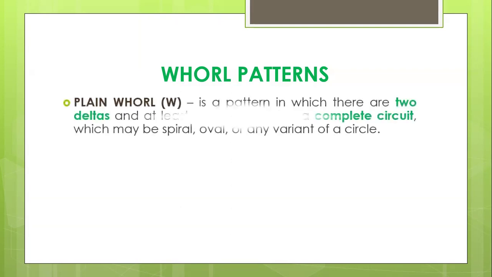A whorl pattern is a pattern which has 2 deltas and at least a ridge that makes a complete circuit. This circuit might be spiral, oval, or any variant of a circle that can be found within the pattern area.